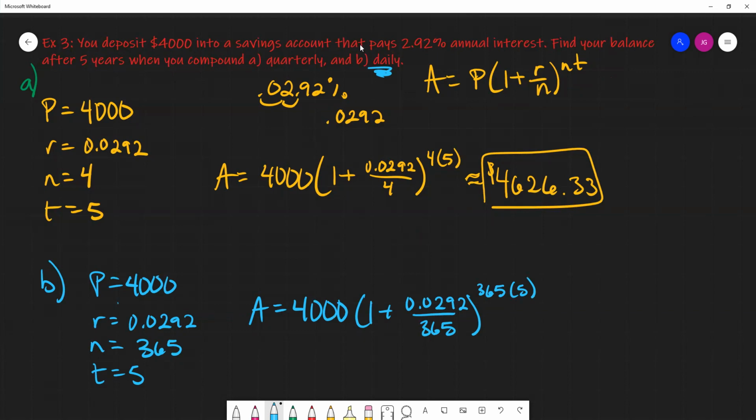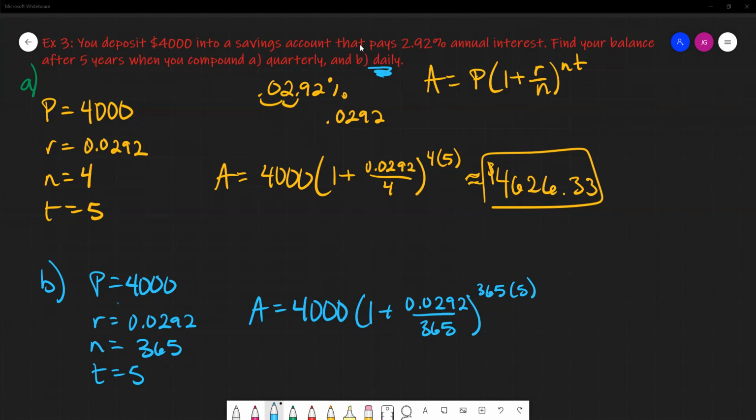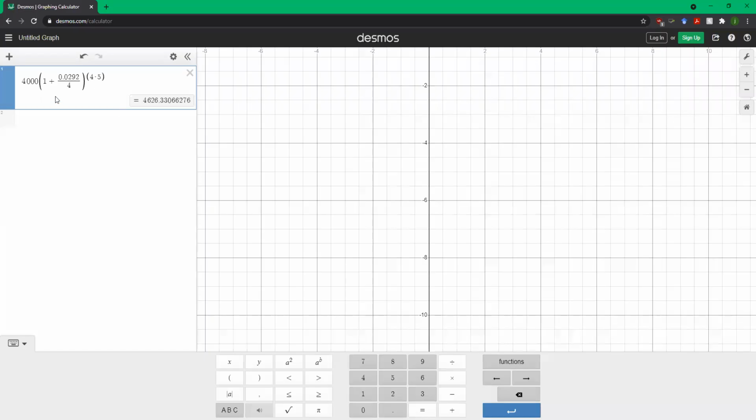Okay, so now let's go back and do it in Desmos, recalculate this new value. All I have to change is my denominator here, so I can press onto that, delete it, and put 365. And then change my exponent as well. Make this, instead of a 5, 365. Okay?